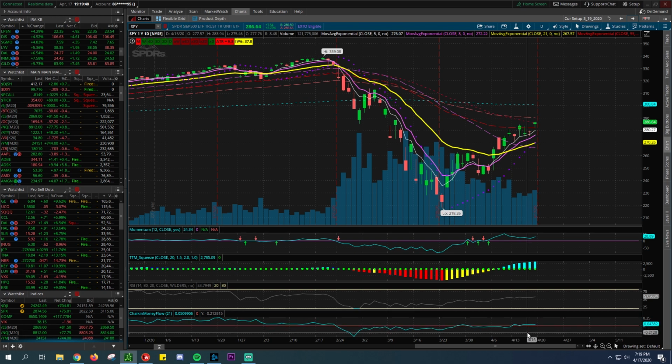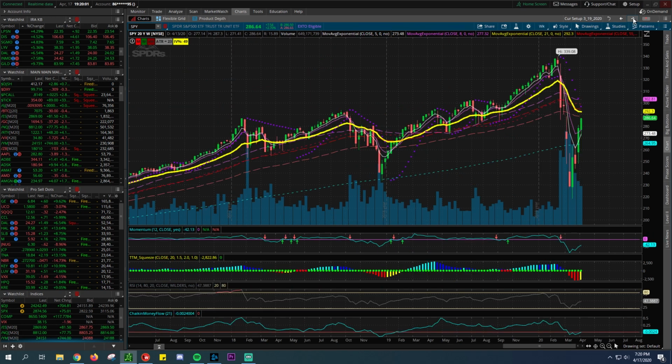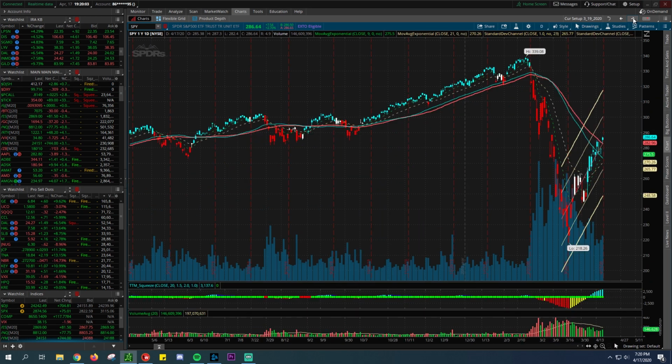The higher the number, the more people are behind it and buying it. The lower the number, the more people are dumping it. I don't use it as much as I used to. I still like to have it on there just to give me a little bit of guidance. This is on a weekly chart.